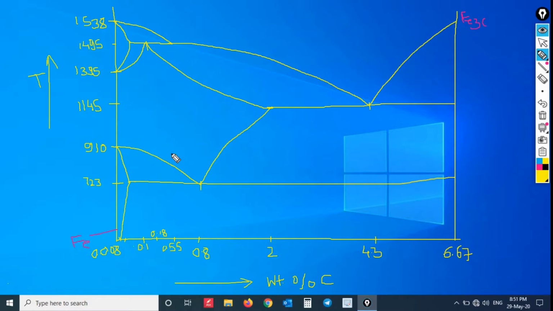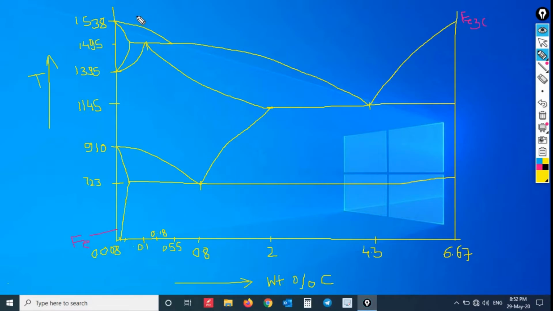Now what have we done? We have taken the first 3 horizontal lines at 723 degrees Celsius, 1145 degrees Celsius and 1495 degrees Celsius. Then we joined from 0.008 to this, from here to here, then from here to here. Then we took this line from here up to this.